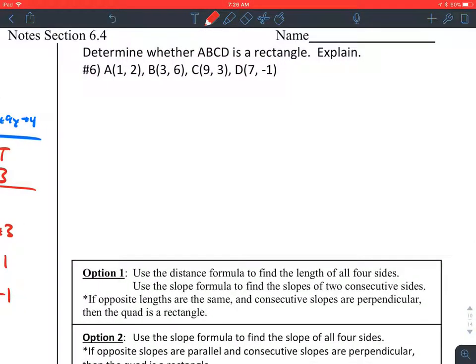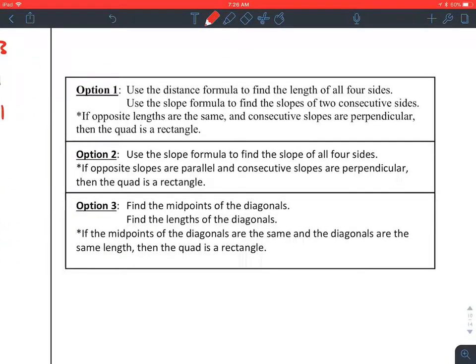Determine whether ABCD is a rectangle and then explain how you know it's a rectangle. Well, you got choices on how you can do this. Option 1, use the distance formula to find the lengths of all four sides. If opposite sides are the same, then you know it's a parallelogram.